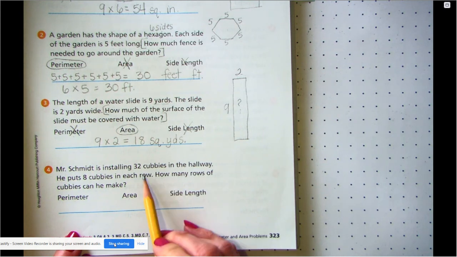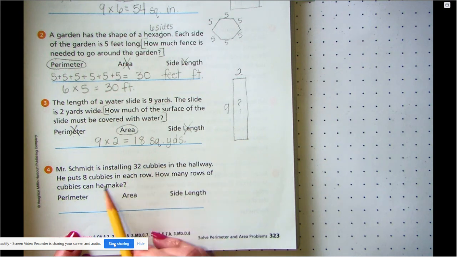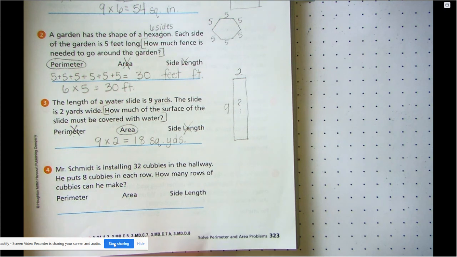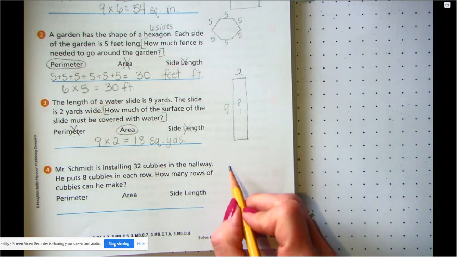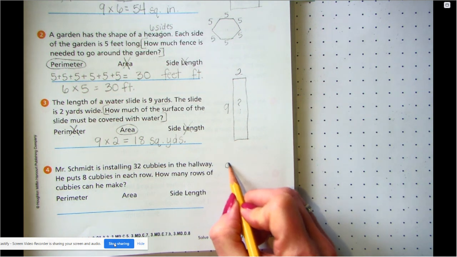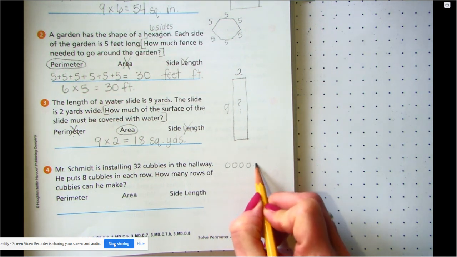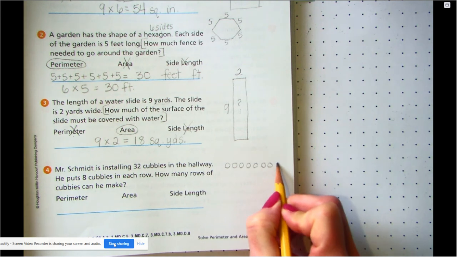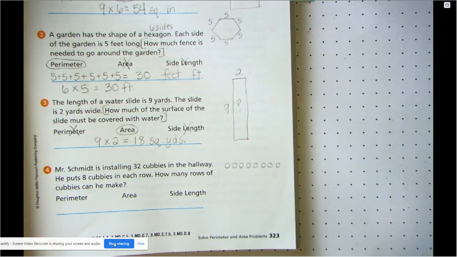Okay, if I draw 32 cubbies, right, there are 8 cubbies in each row. Okay, so if I were going to draw cubbies in each row, here's 1, 2, 3, 4, 5, 6, 7, 8, right? But cubbies aren't circles, they're squares. We can stick shoes and things in them, right?